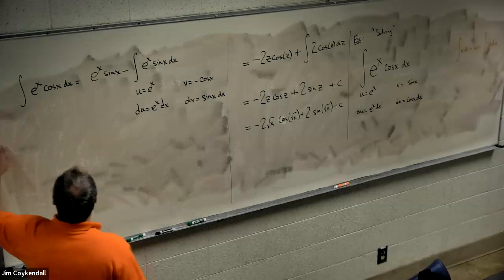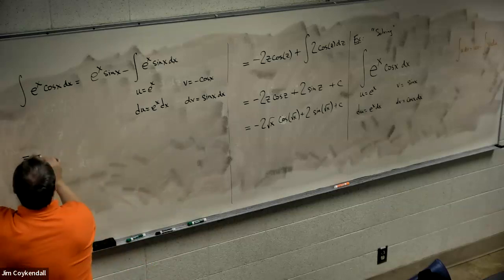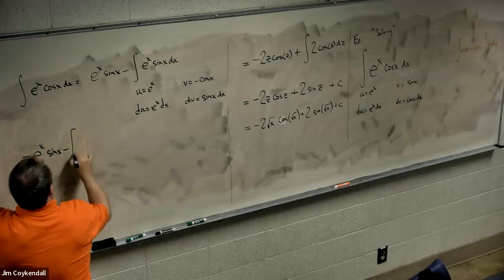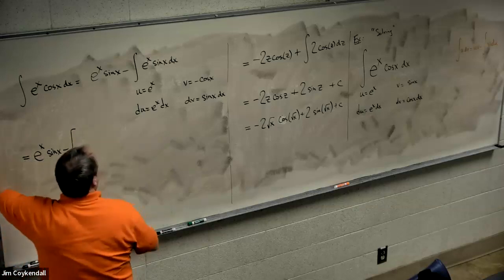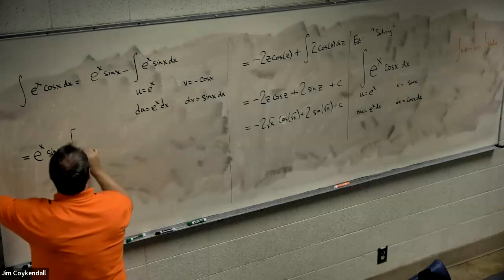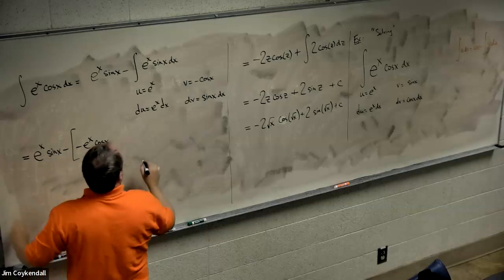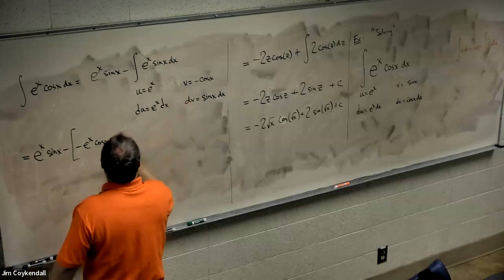So I'll pick up where I left off. This is e to the x sine x minus, let's see, parts here is minus e to the x cosine x minus minus.